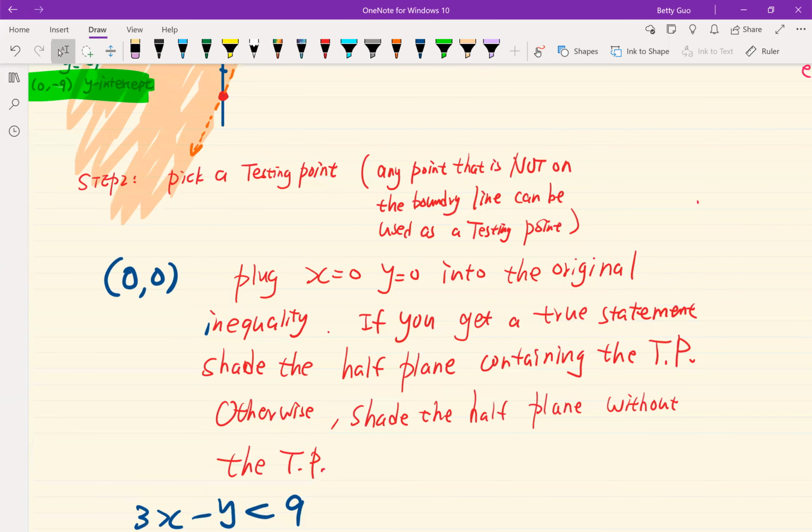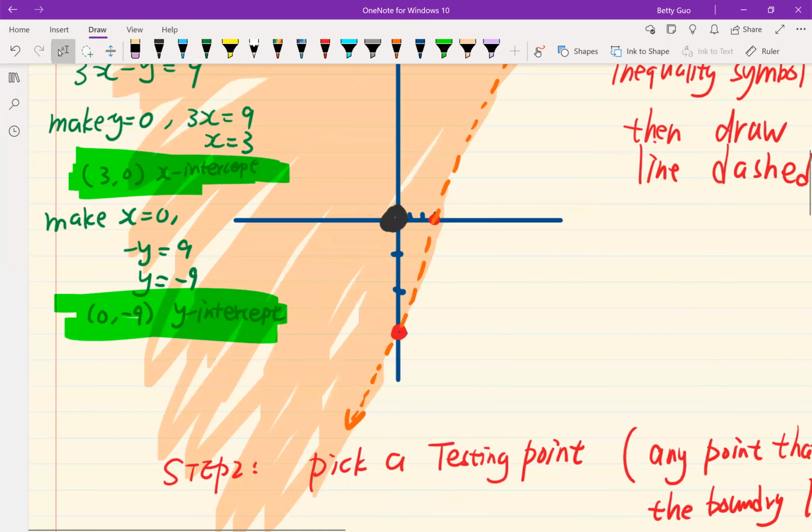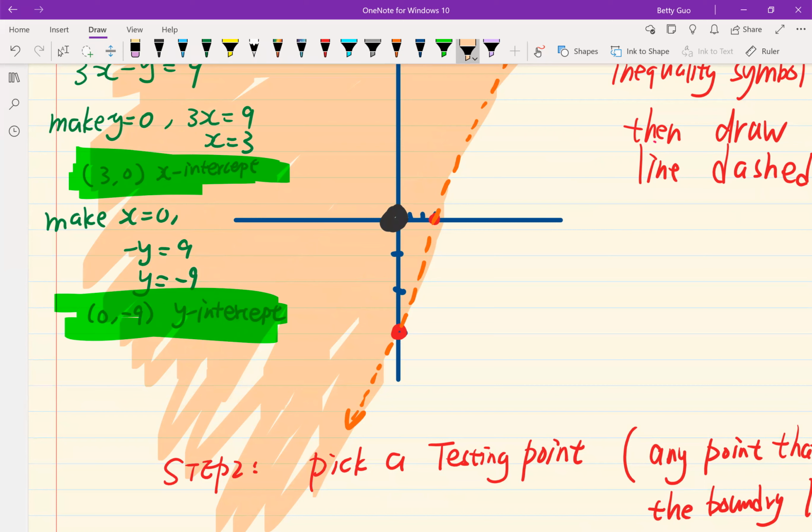Okay, now let me explain why, in the first example, we draw the boundary line as a dashed straight line. Why is it not solid?